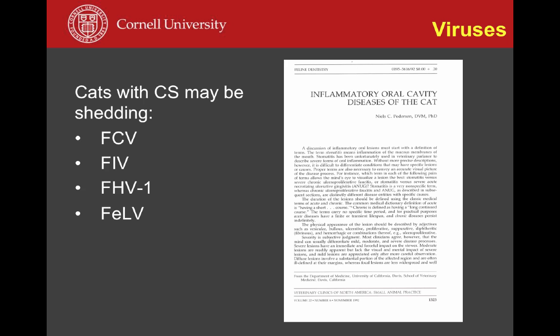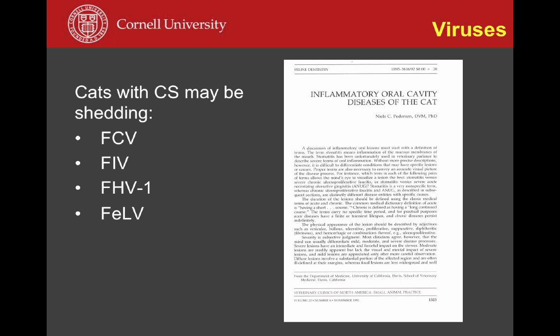In regards to viruses, calicivirus, FIV, herpes, and leukemia virus have all been suspected to be involved. Of these four, probably calicivirus and herpesvirus have received the most attention, because multiple studies have demonstrated a likely association between stomatitis and especially calicivirus.